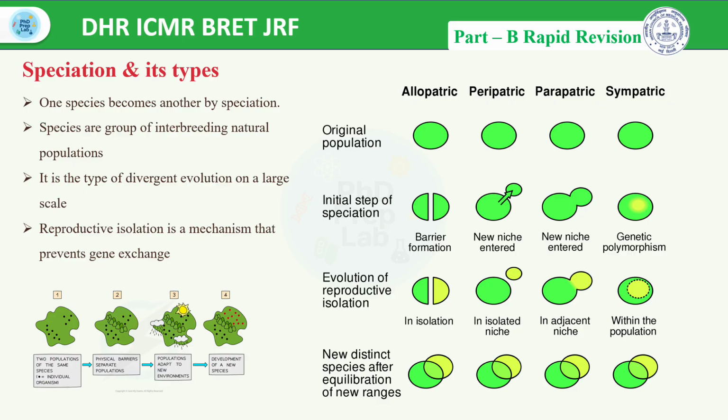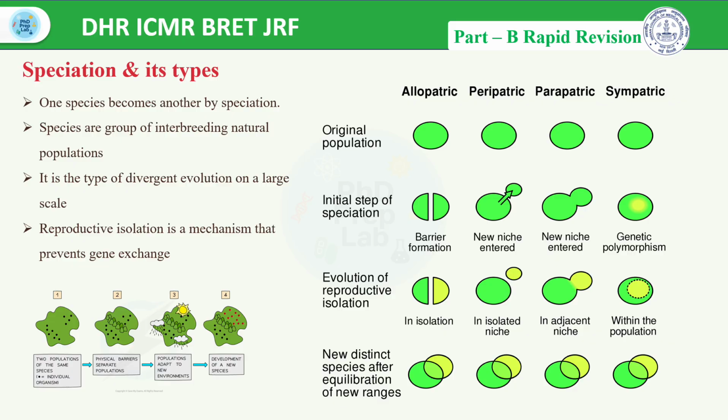Peripatric occurs when a small group of individuals become isolated at the edge of a larger population. You can see on the diagram also, on the edge there forms a new circle that indicates the formation of a new species. The small population undergoes rapid genetic changes due to genetic drift and adapts to the new environment.